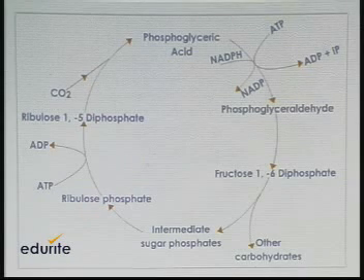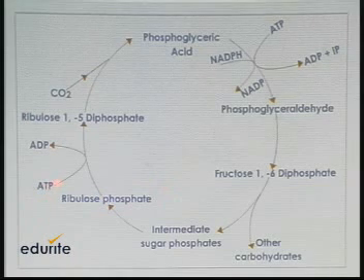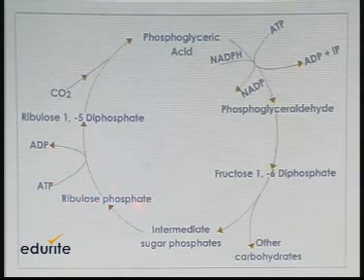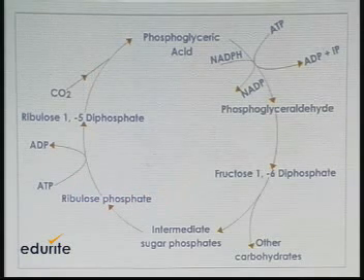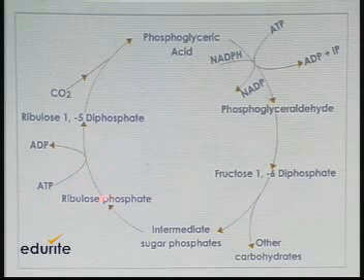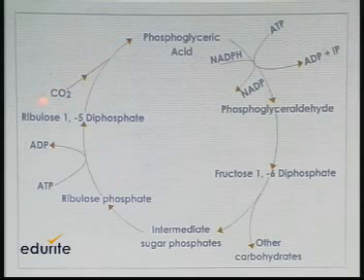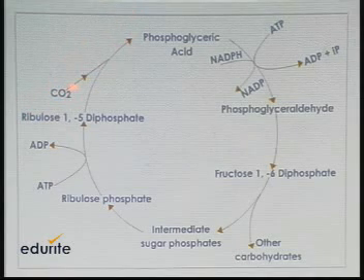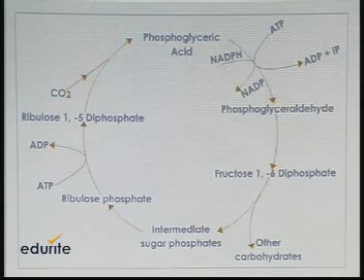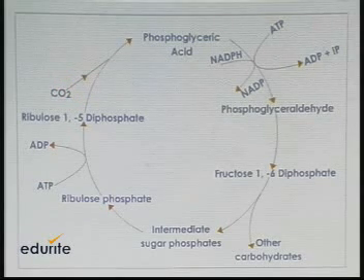Now coming to the calculation of carbon atoms. 6 molecules of ribulose phosphate, each contains 5 carbon atoms. So the total number of carbon atoms at this point is 30. They are fixed to another 6 carbon atoms because carbon dioxide is being fixed, 6 molecules. So the number of carbon atoms becomes 36.